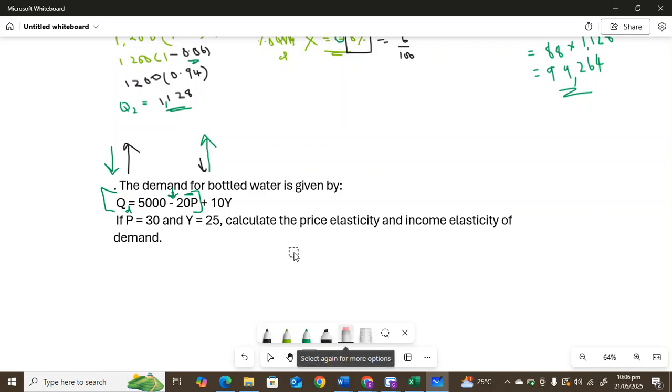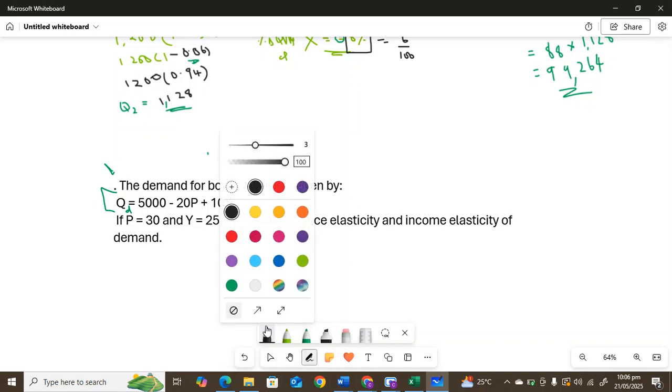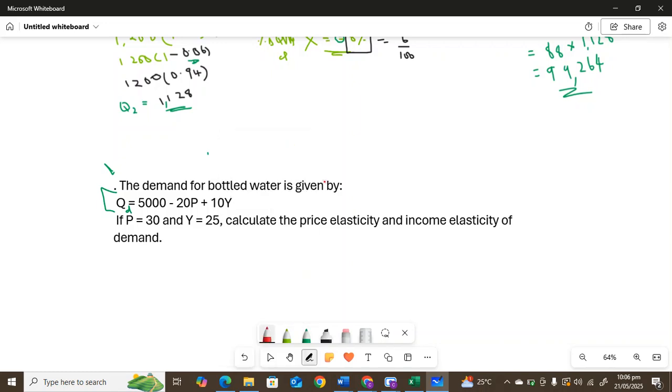Then quantity demanded is also affected by income. Since there's a plus sign here, colleagues, what kind of relationship does income have with quantity demanded because of this plus sign?